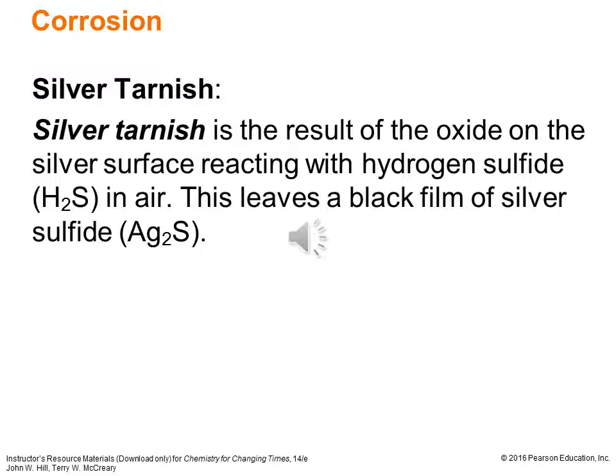It will leave that black film of silver sulfide, Ag2S, and this is really noticeable if you ever have put deviled eggs on a silver, or at least silver plated serving tray, because the eggs themselves have many sulfur compounds and release hydrogen sulfide in particular, and that will interact with the silver. So hopefully you don't encounter that problem, and there's enough hydrogen sulfide in the air to tarnish even regular silver or silver plated objects without having to have the eggs there.